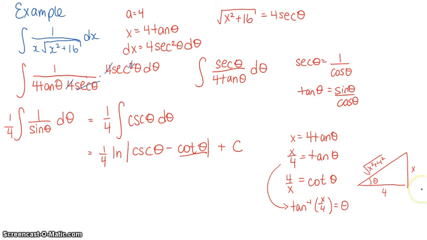Now cosecant is the same as 1 over sine, so sine is x over square root of x squared plus 16, so 1 over that becomes then just the square root of this all over x. So we get 1 over 4, the ln of the square root of x squared plus 16 all over x minus 4 over x plus your constant.